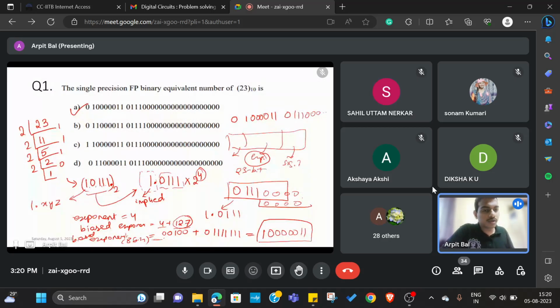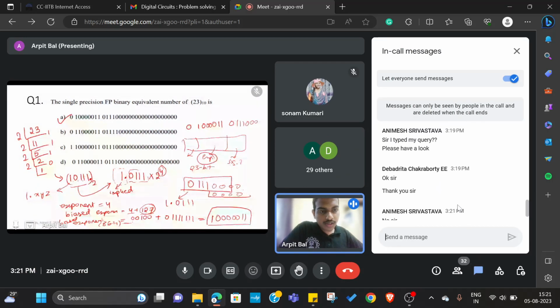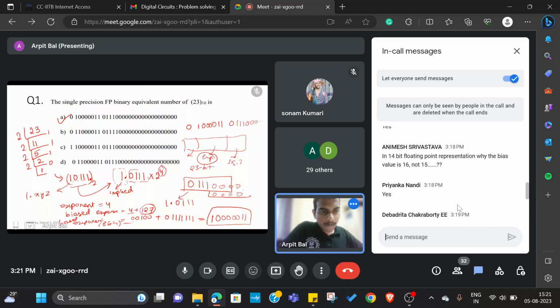Here also we could assume instead of 127 to make it 128, but this is the standard that has been defined by IEEE, so we have to follow that. Does that answer your question, Animesh? Okay, where do you still have the doubt?